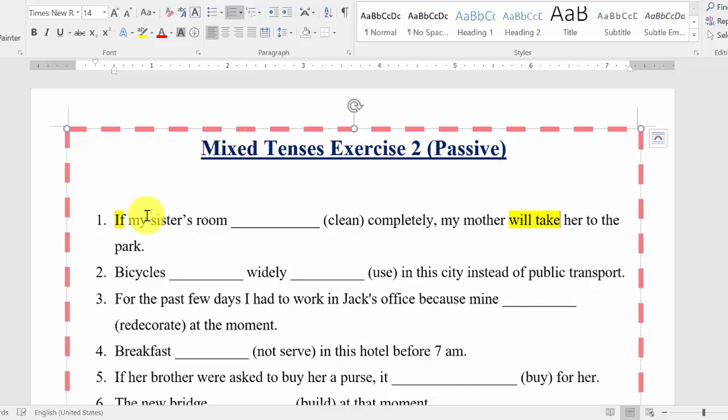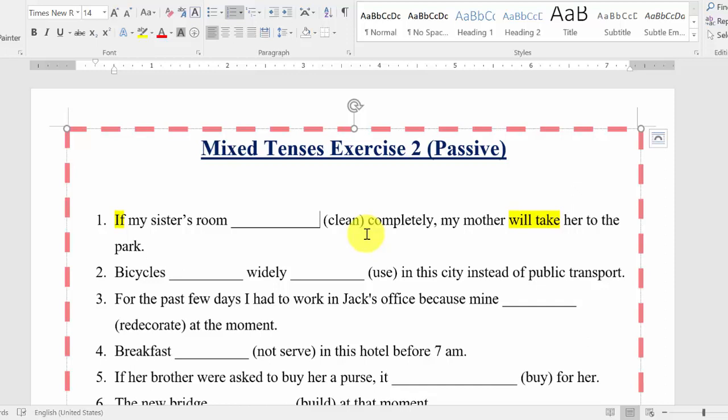This question, if my sister's room what completely? This room cannot clean itself, it should be cleaned by someone. So it is a passive sentence. Just now we know that it should be simple present tense because of will plus original verb. Simple present tense in passive form.